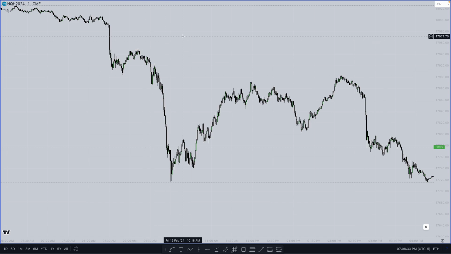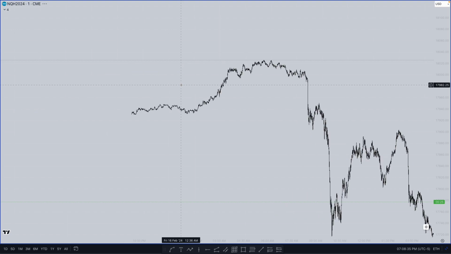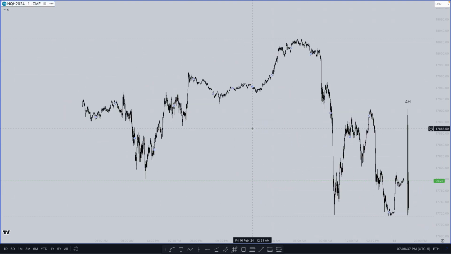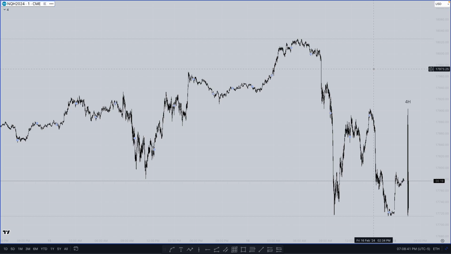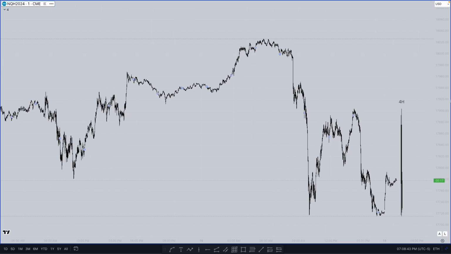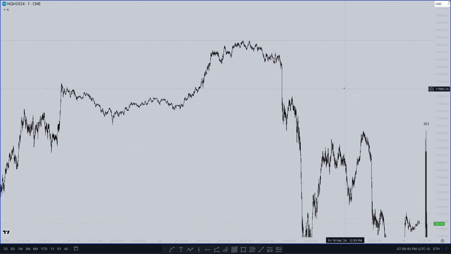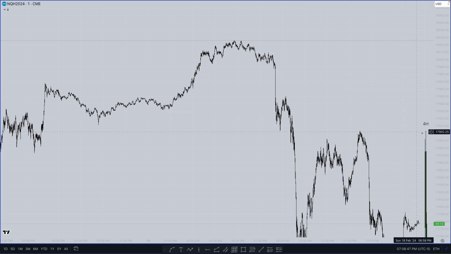Let's look at a smaller time frame, such as the 1 minute. That's mostly what I trade on. So order flow, from the top down.